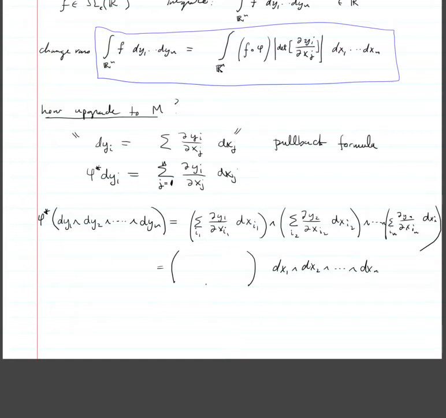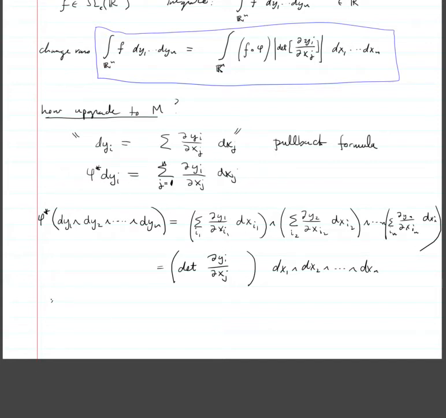So there has to be a single number here. And what you see is that this number is exactly the Jacobian determinant, the determinant of dyi over dxj, if you just sum up all the terms.